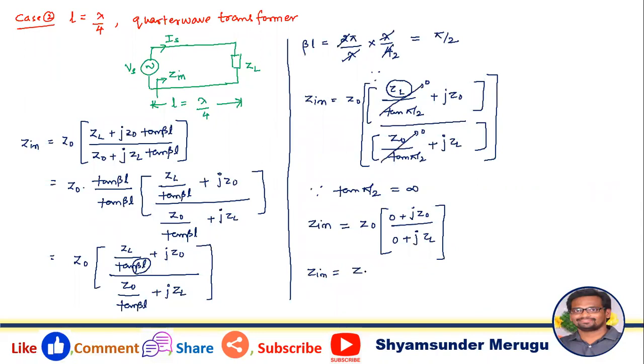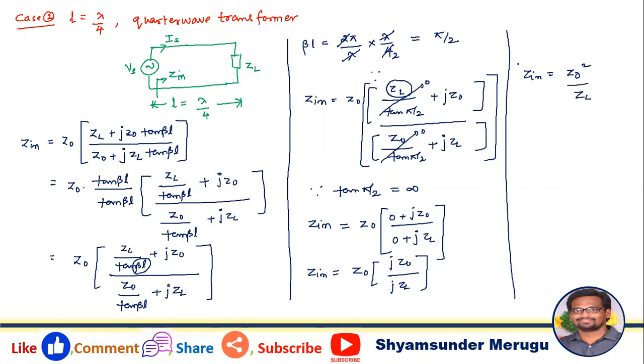Now we can write Zin equals Z0 of jZ0 by jZL. And finally we can write Zin equals Z0 square by ZL.